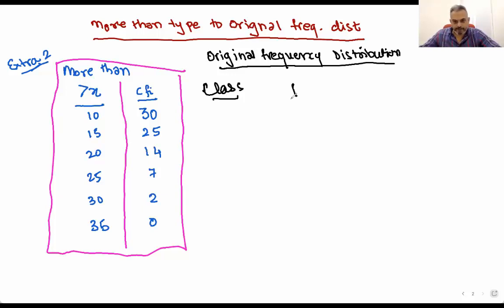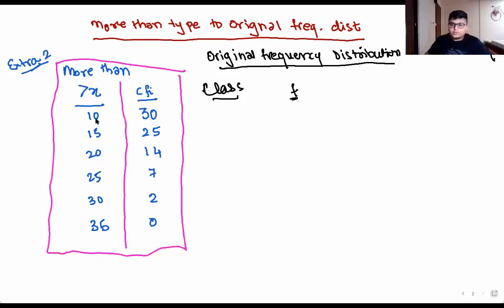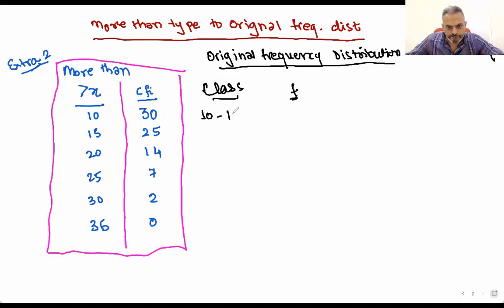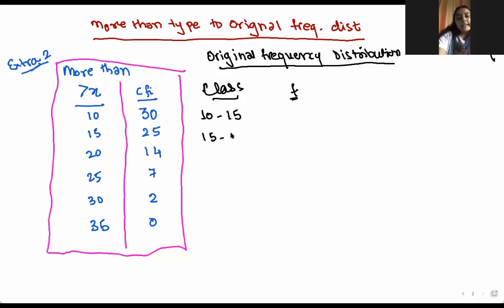Class and frequency. Now, tell me students, what will be the first class? 10 to 15. More than 10, so 10 to 15. Very good. Next will be 15 to 20.